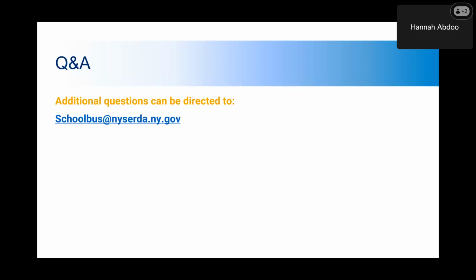So the voucher amounts are based on which voucher you are applying for. The school bus voucher ranges depending on which type of bus you get, and then which bonuses you apply for. And then the charging side is, if you don't have an FEP, it's $25,000 per bus for non-priority and $35,000 per bus for priority districts.